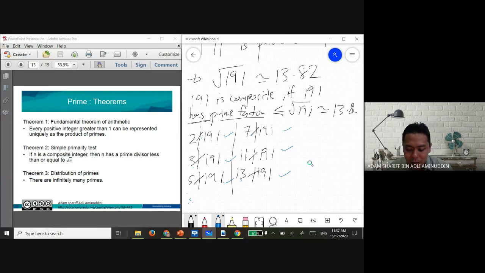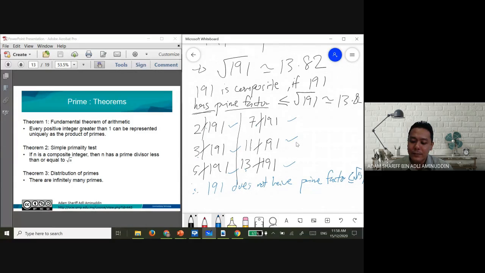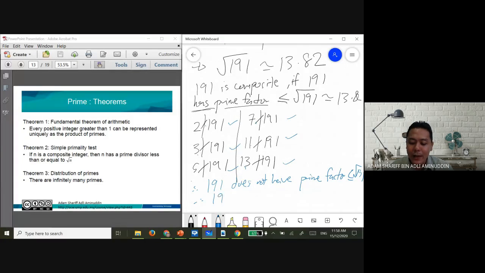What I can conclusively say is that 191 does not have a prime factor less than or equal to the square root of 191. So 191 is prime.